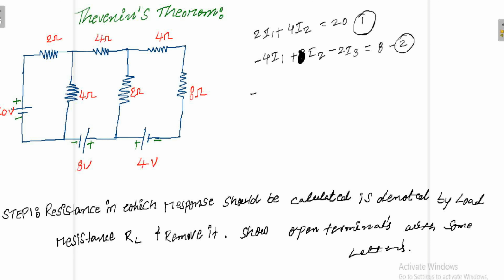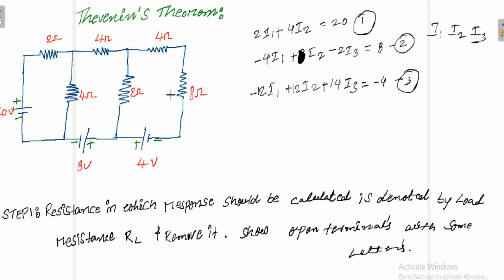And we got minus 12I1 plus 12I2 plus 14I3 equals minus 4 as the third equation. We solved these 3 equations and got I1, I2 and I3.